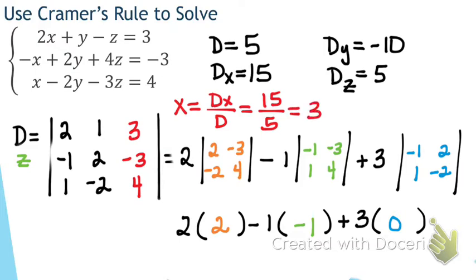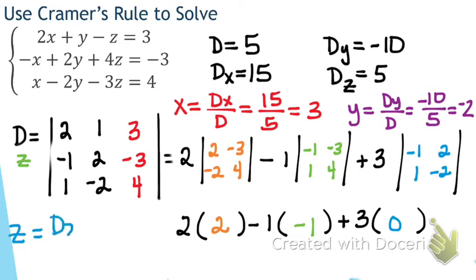Y is going to equal dy divided by d, which is -10 divided by 5, and that is -2. And z is going to equal dz divided by d, which is 5 divided by 5, which is 1.